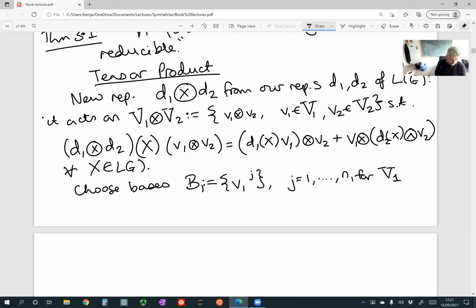And B2, here the dimension of the representation might be different, so in general we'll call the index some different symbol, alpha, and this alpha ranges from 1 up to n2.